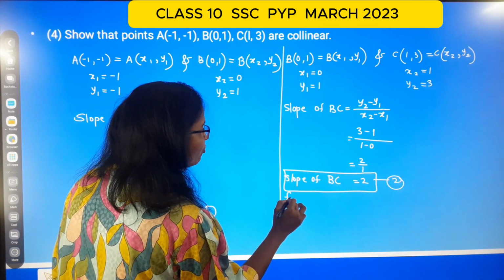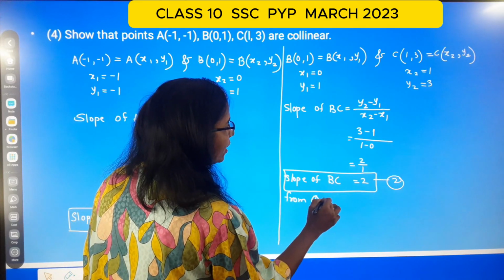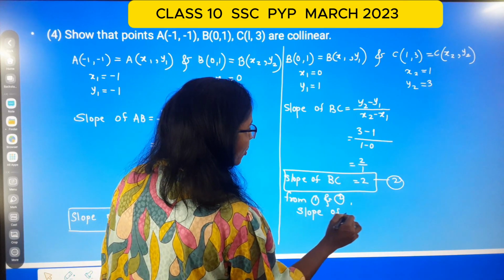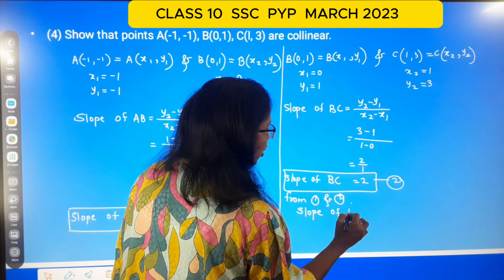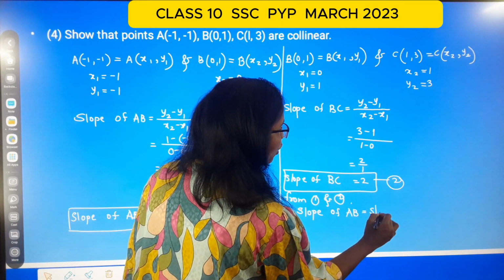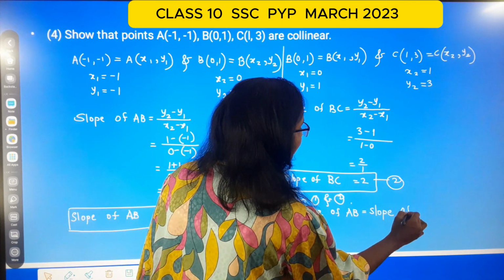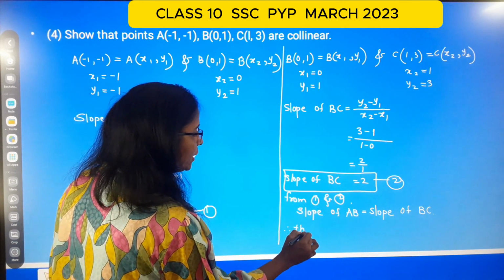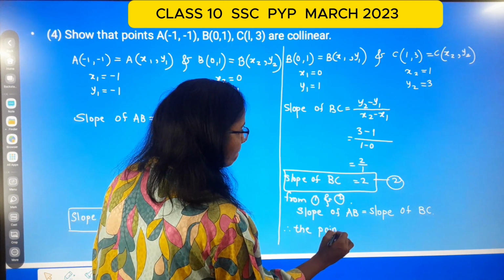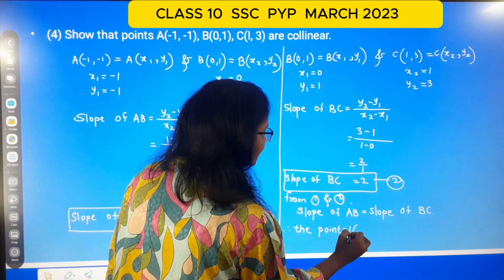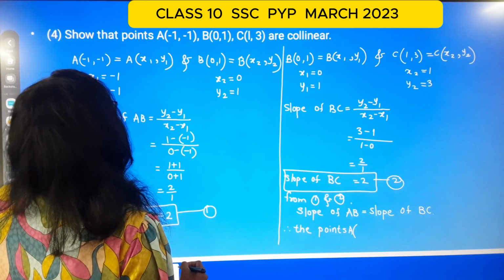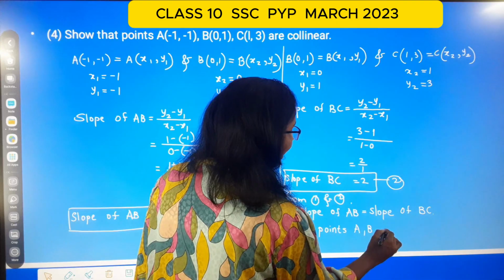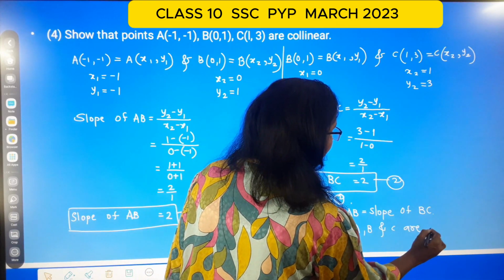So here from 1 and 2, we can say that slope of AB is equal to slope of BC, and therefore the points A, B and C are collinear.